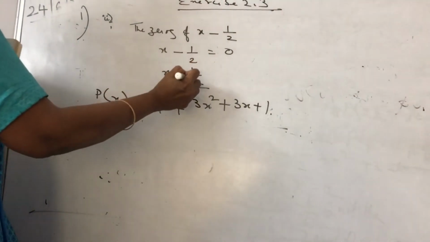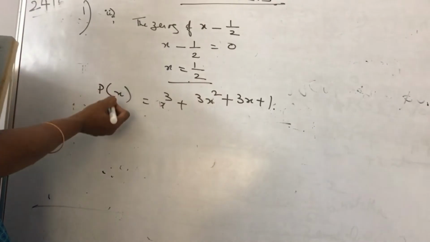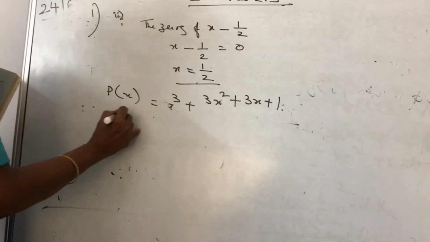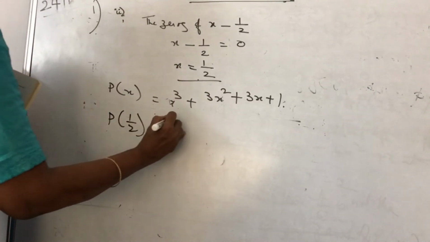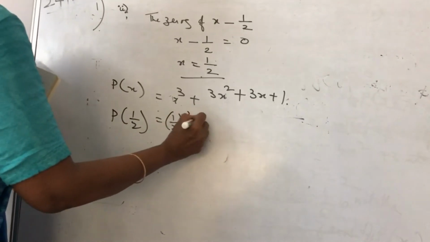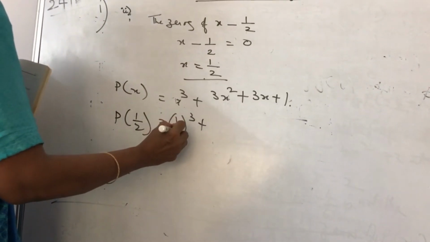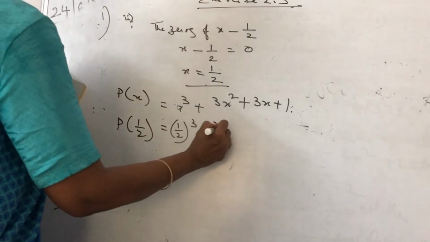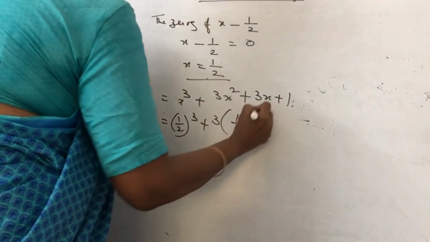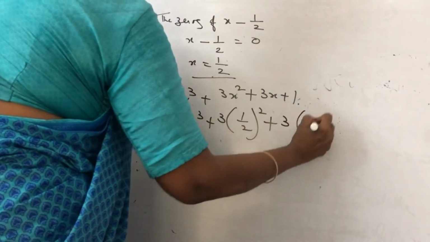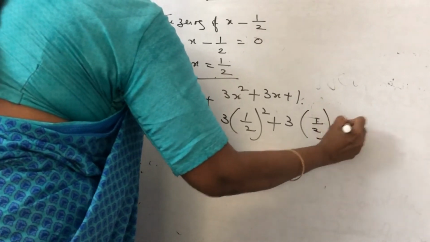Substitute in your polynomial, children. X is equal to 1 by 2. 1 by 2 the whole cube, 3 into 1 by 2 the whole square, 3 into 1 by 2 plus 1.